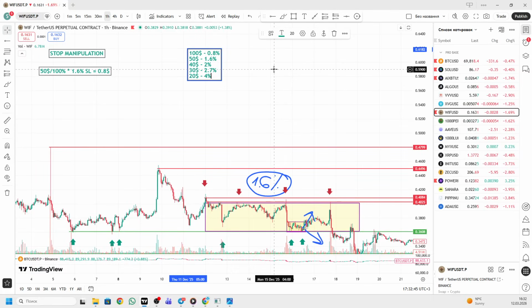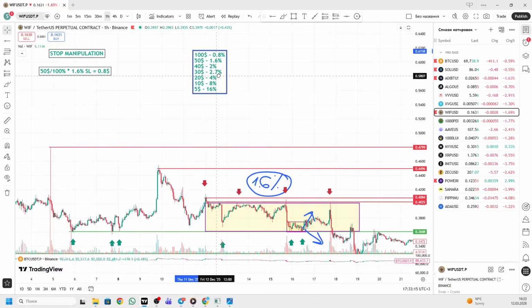Absolutely. $10. 8%, right? And let's count the $5. If you want to get into the position with $5, how wide a stop loss can we put? It's 16%. Can you imagine a 16% stop loss? I want you to have this.